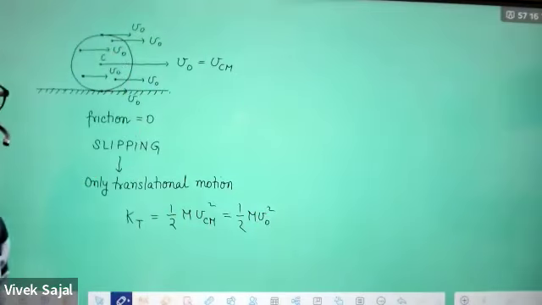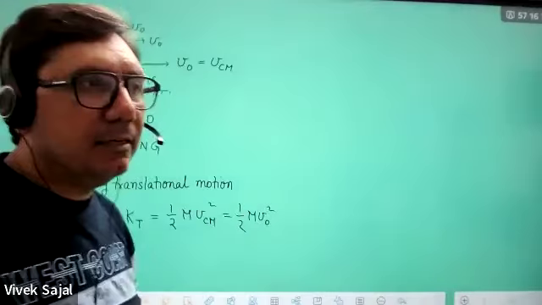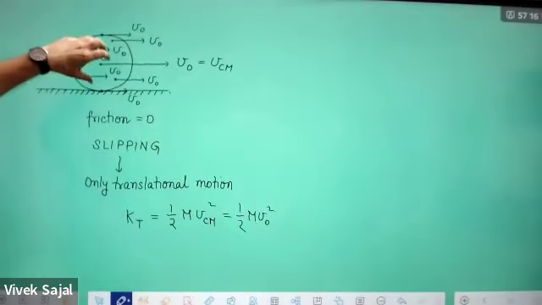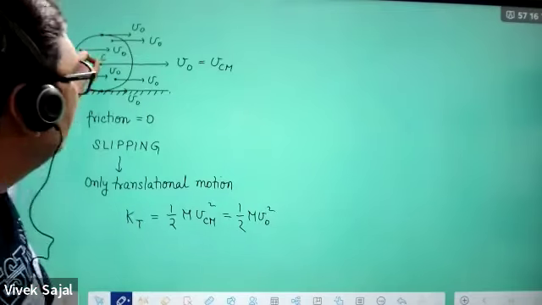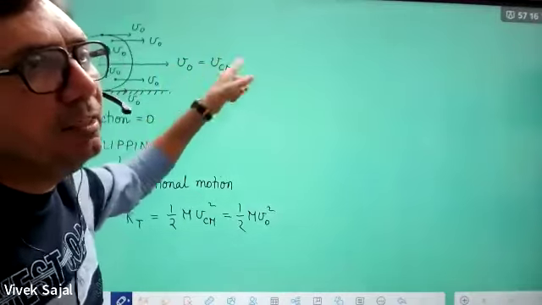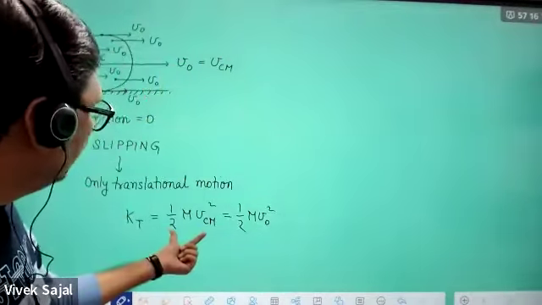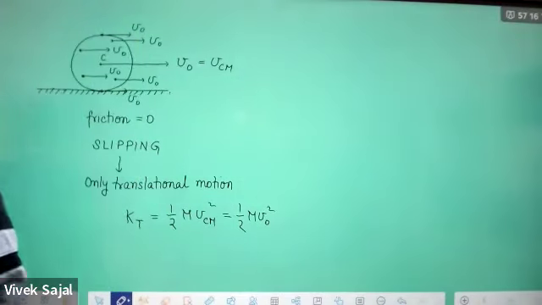Basically, translational motion can be represented by the center of mass. All the mass of this object is focused at the center of mass as a point mass, and that point mass is moving with the velocity of the center of mass, vcm. So 1 by 2 m v naught square is there.